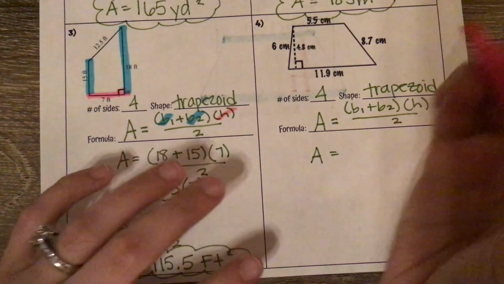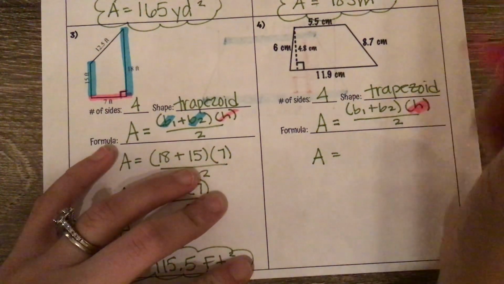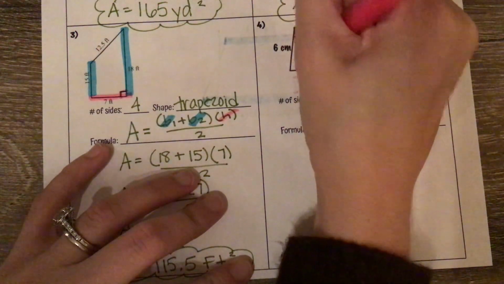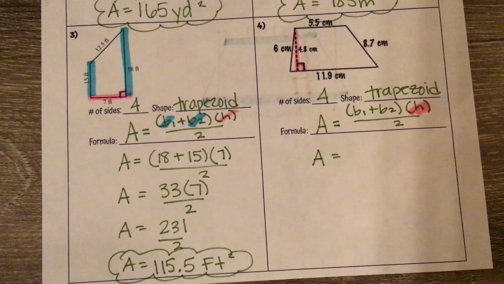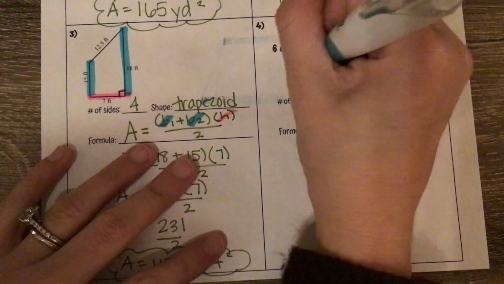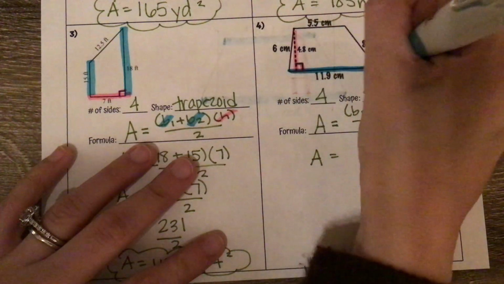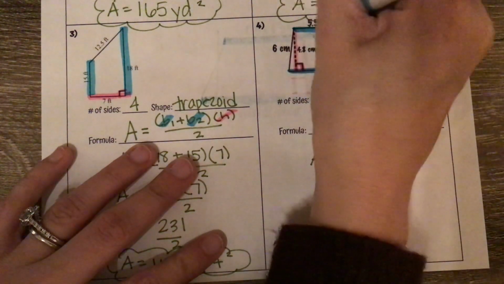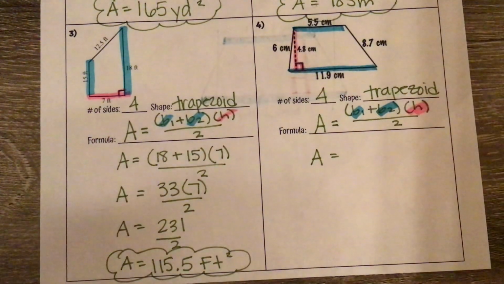First thing I like to look for is that perpendicular height. I see that dotted line and that 90-degree symbol there. What side is that connected to? The 90-degree symbol is connected to the bottom, which means our other base is the top. So that's our base 1 and our base 2.